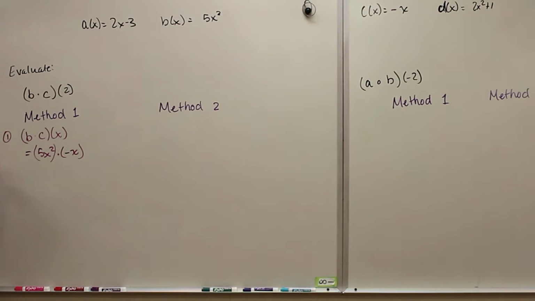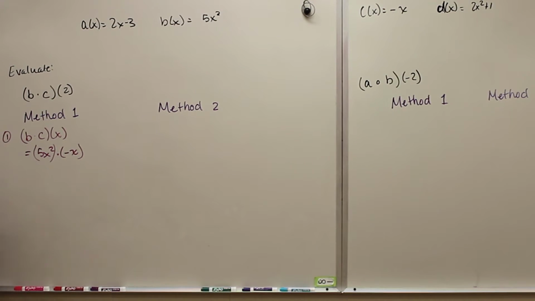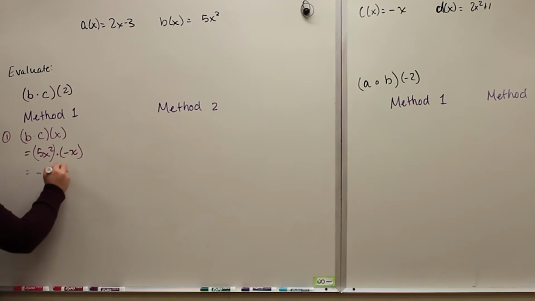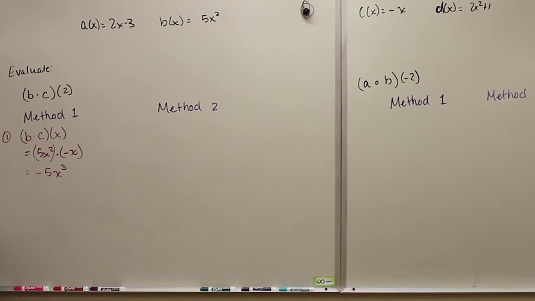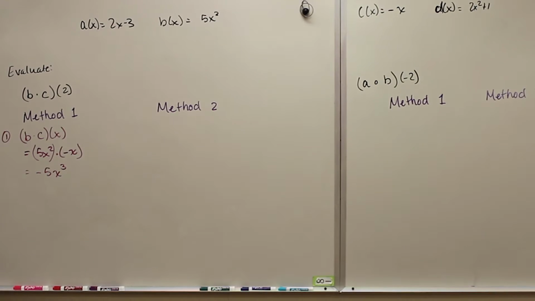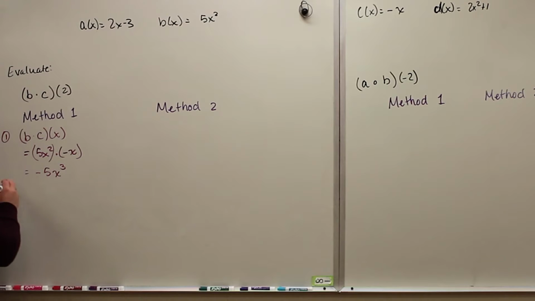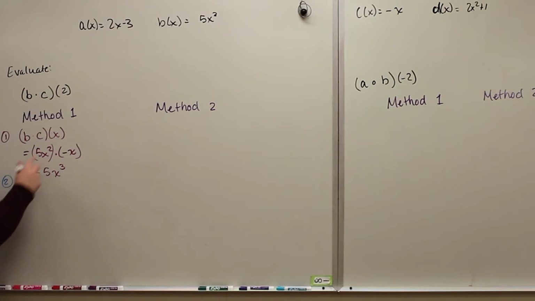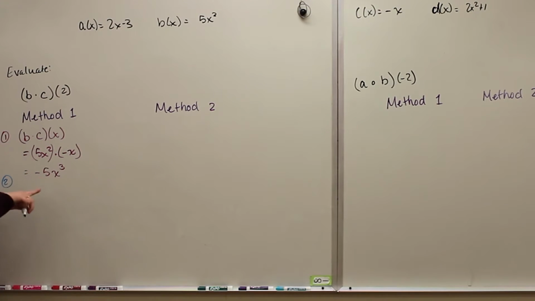So I'm going to take those two functions and multiply them together, which gives me a negative 5x cubed. Now that I have my new function, I'm going to take the 2 and plug it in.